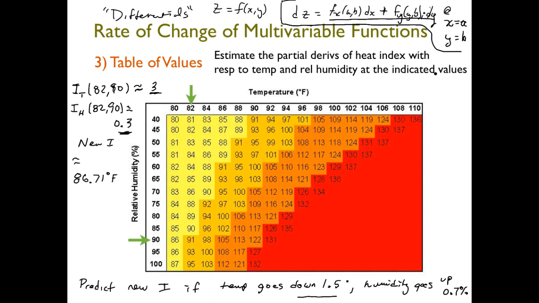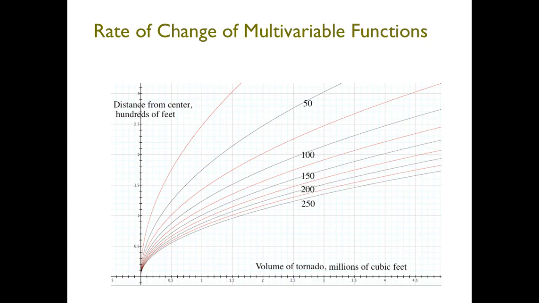Okay, so now let's talk about contour plots. Partial derivatives and contour plots. So here is a function, and this is the wind speed. This is the wind speeds in a tornado, in miles per hour.